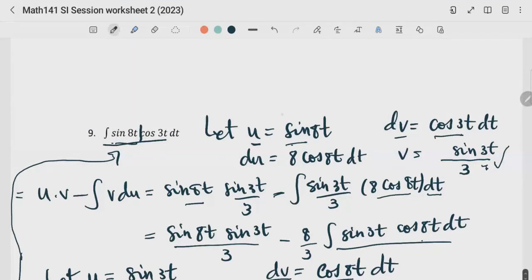So try to use u to be cos of 3t and try to use dv as sine of 8t dt and see if it gets you to the final answer, right? So try that and see if it gets you to the answer.